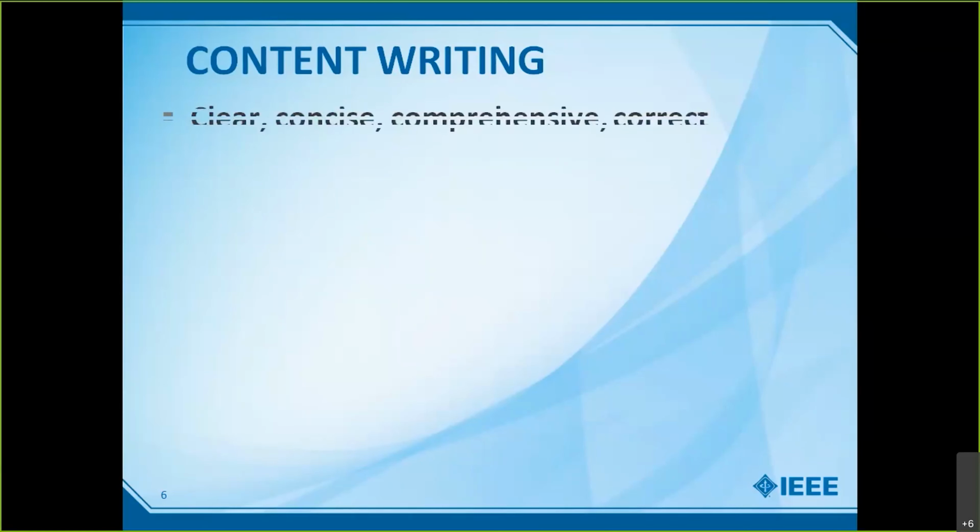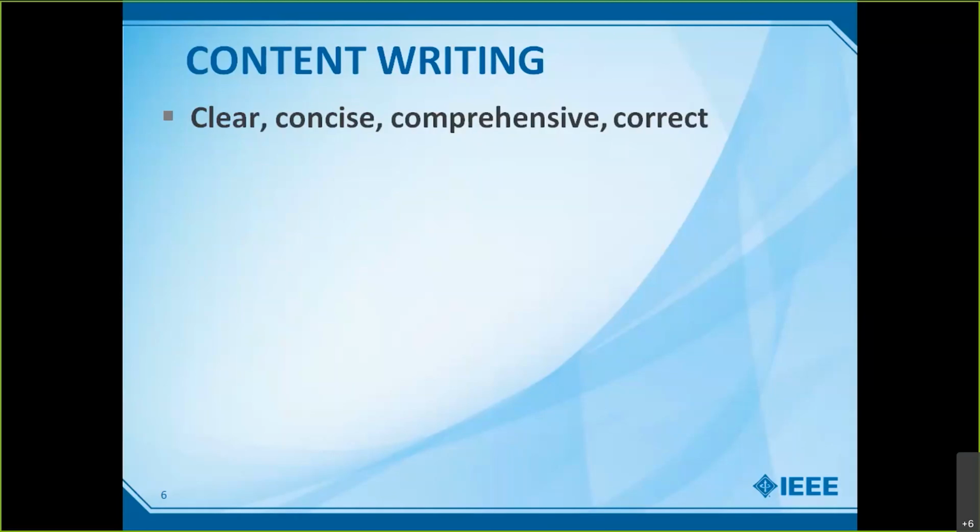So what you ought to do is, when you write, the writing should be clear, concise, comprehensive, and correct. There should be clarity in thought. When you write it, because you know the stuff, you will understand it, but when a third party reads it, is it clear for him?